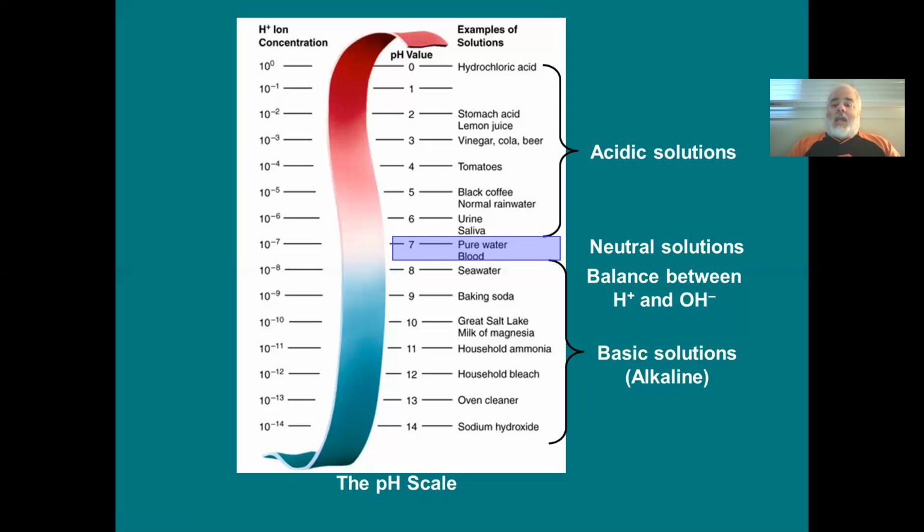And the word alkaline, even though it's technically a valid word, is easily confused with a term called alkalinity. And alkalinity refers to the resistance or buffering capacity of a pH, which we'll get to in a little bit. So I prefer the term basic solutions. We have acid on the top, bases or basic solutions on the bottom of the chart on your screen here.